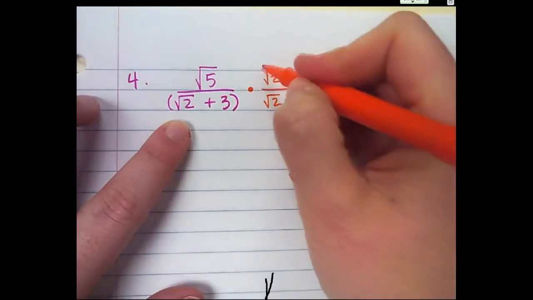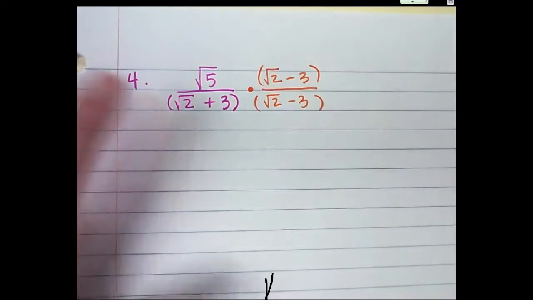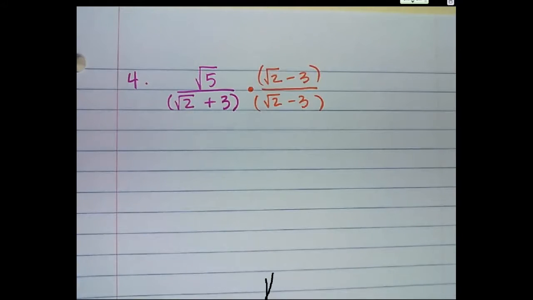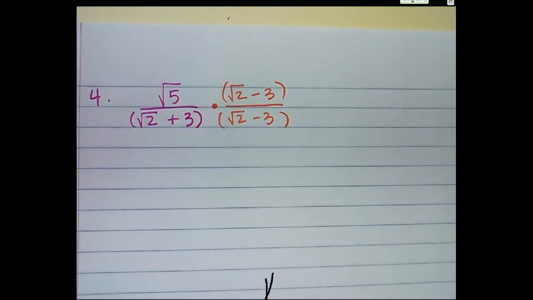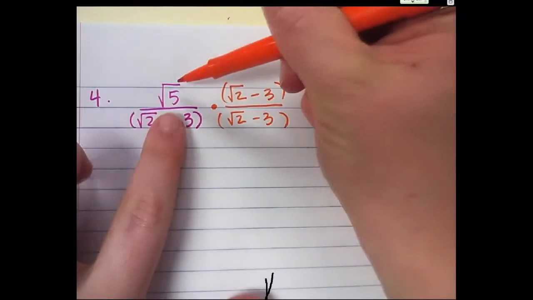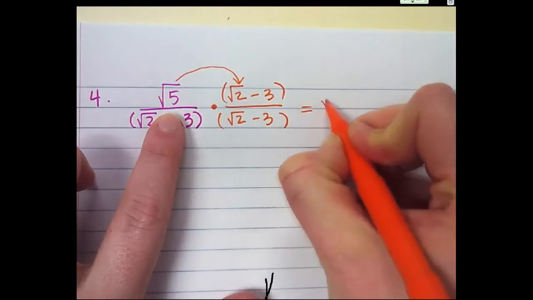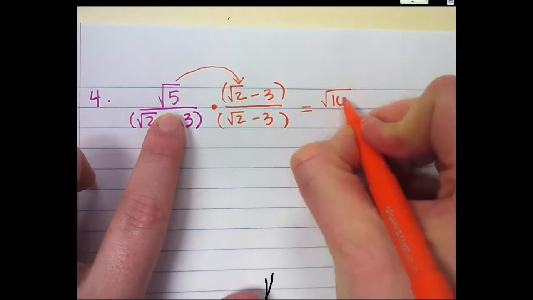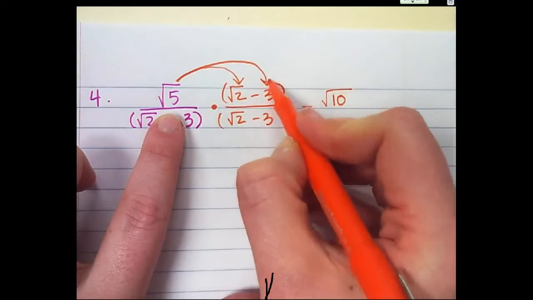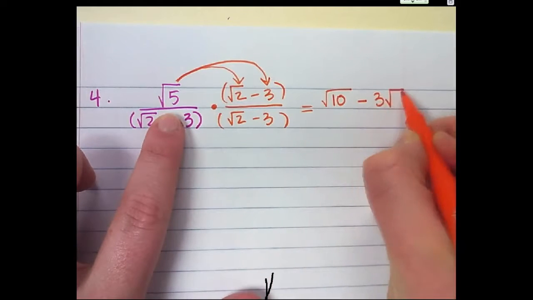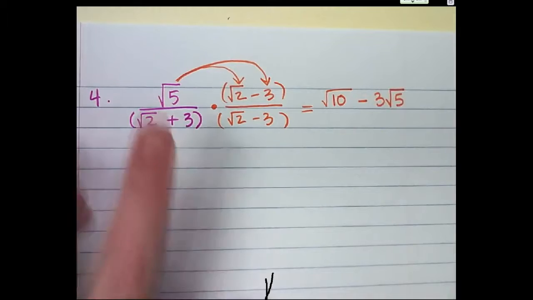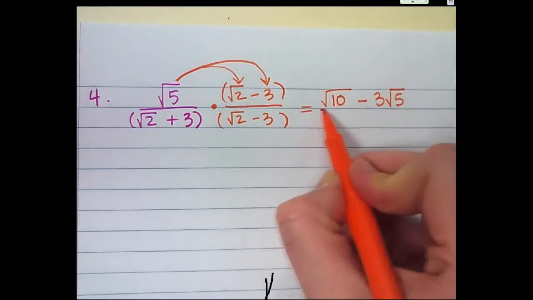That's the conjugate. So on the top, you're just going to distribute because you only have one term. So distribute gives us, what, square root 10 minus 3 square root 5 over.